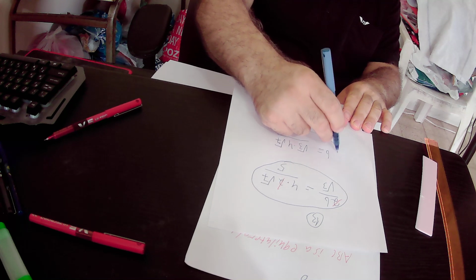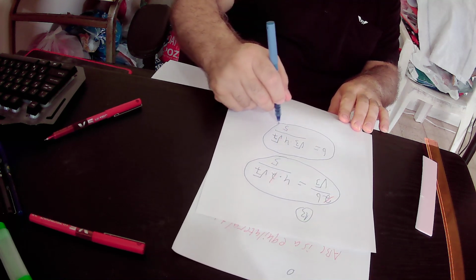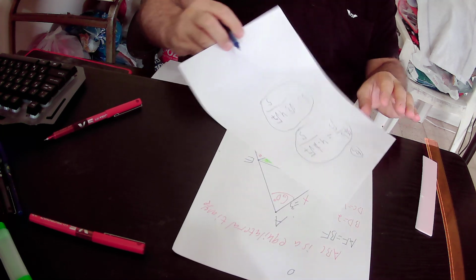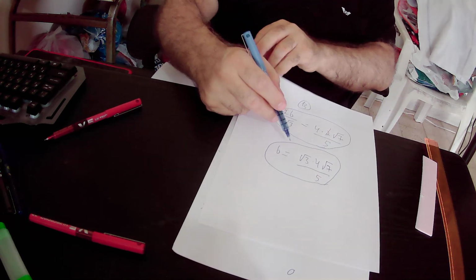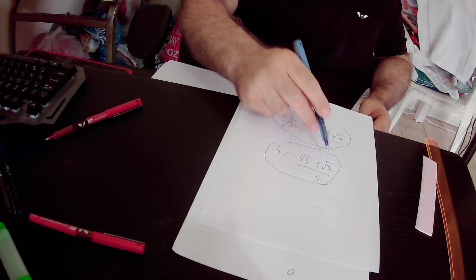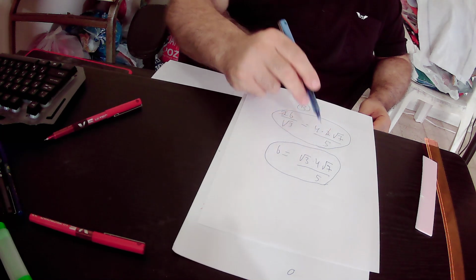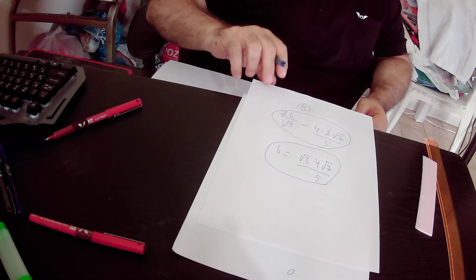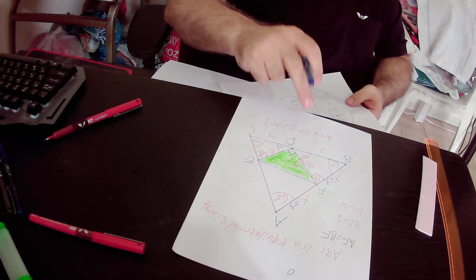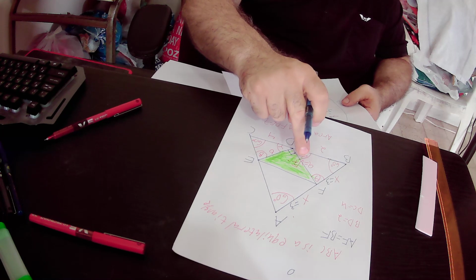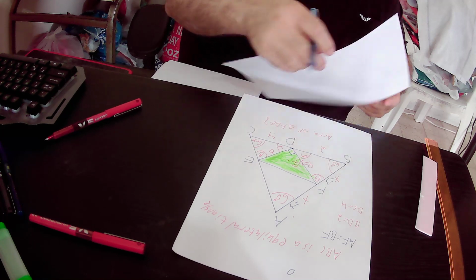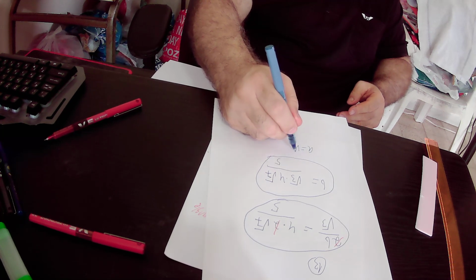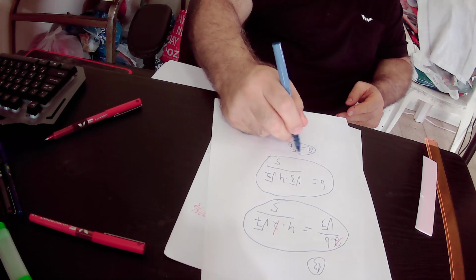So we found the value of b. b equals root 3 times 4 times root 7 over 5. But we have already found that the value of a is root 7 units.